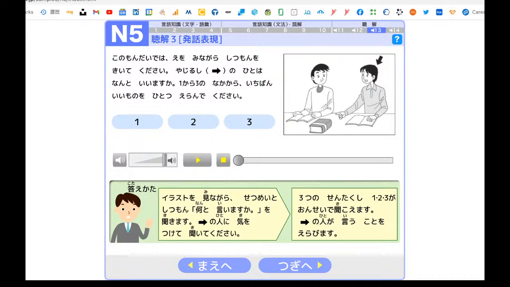So let's find the right answer. この辞書ありがとうございました。This dictionary. So this is words that this person should use after borrowing this dictionary. So this is not the right answer. Second, この辞書貸してください。Please, can I borrow this dictionary? Maybe this is the one.